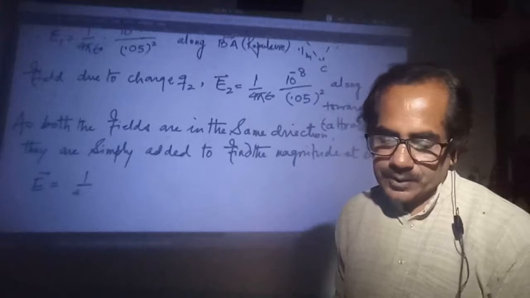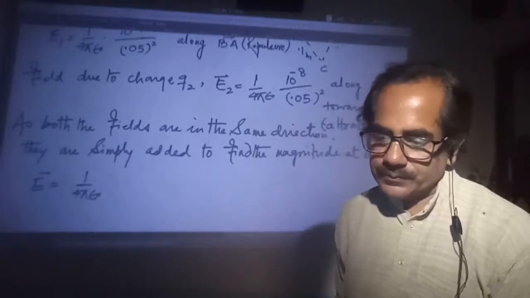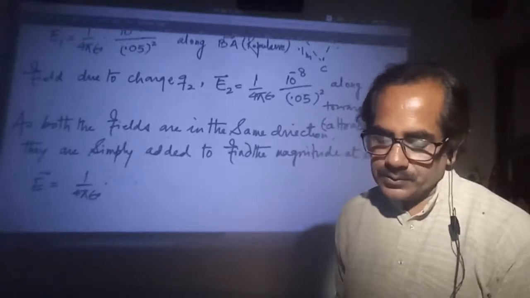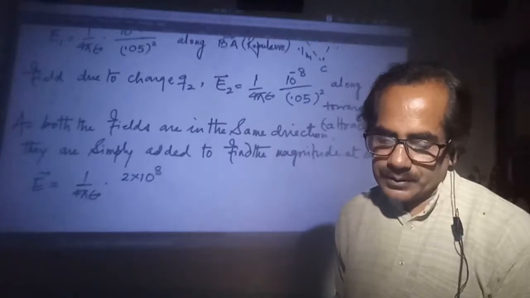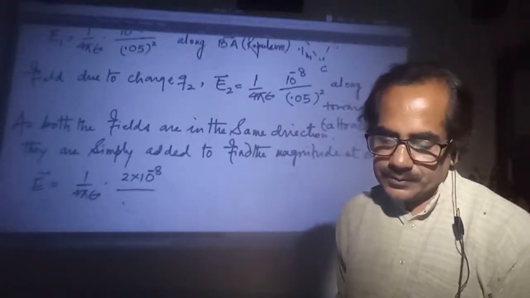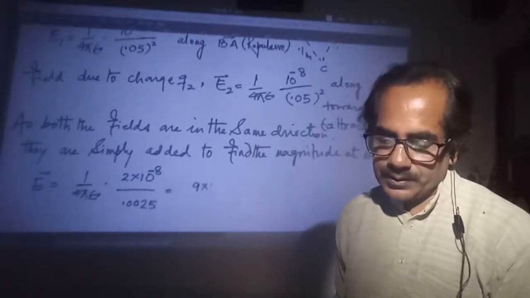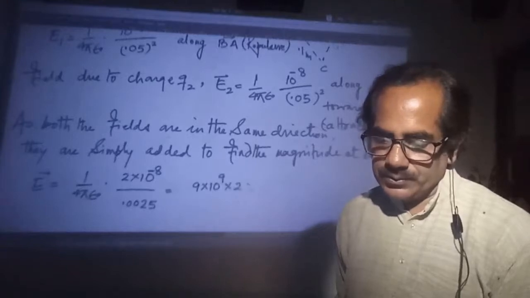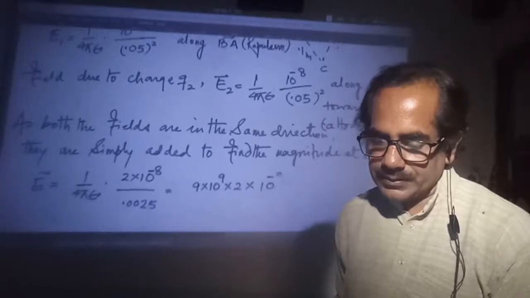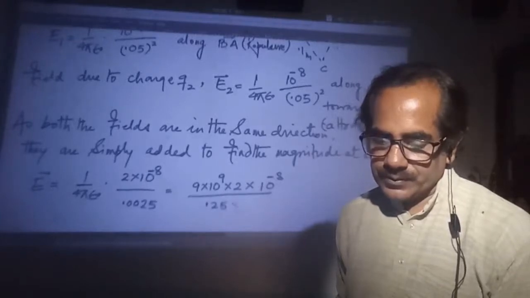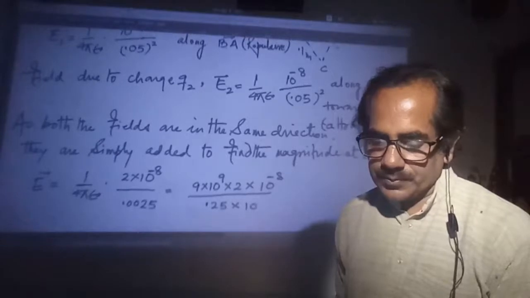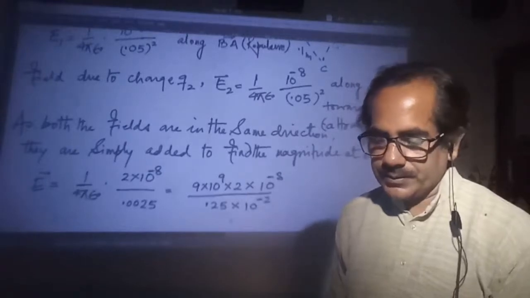directly I am writing 1 upon 4 pi epsilon 0 into 2 into 10 to the power minus 8 upon 0.0025, that is 9 into 10 to the power 9 into 2 into 10 to the power minus 8 upon 0.25 into 10 to the power minus 2, let us say.